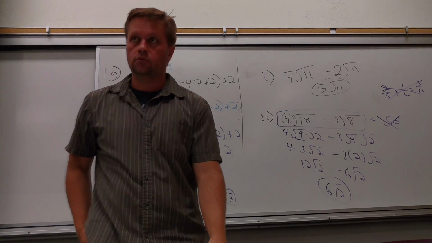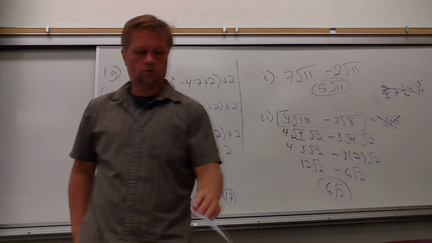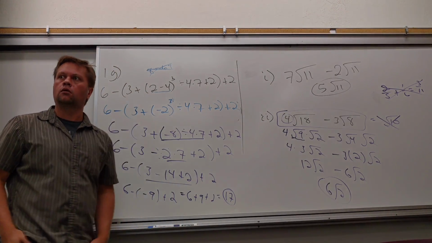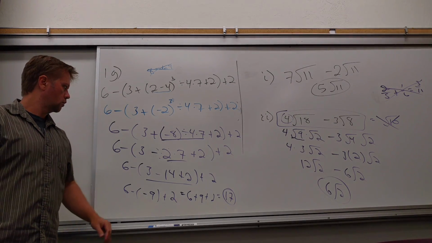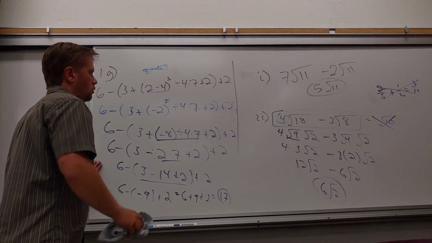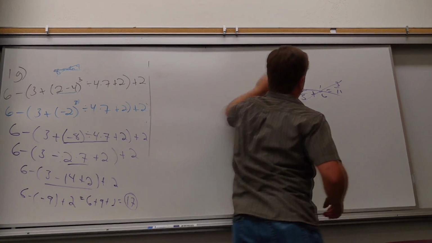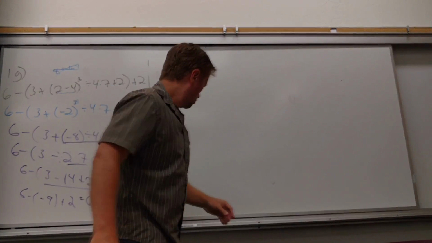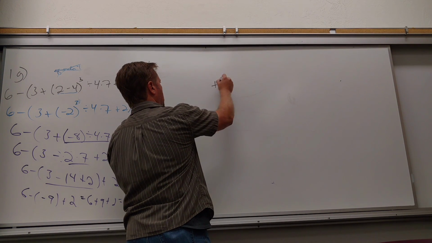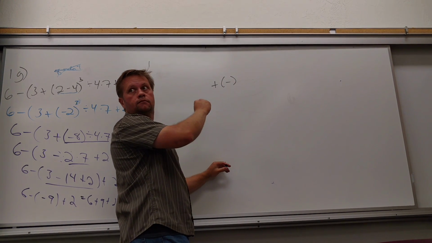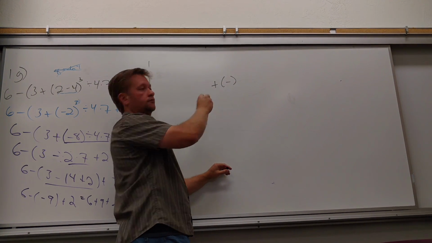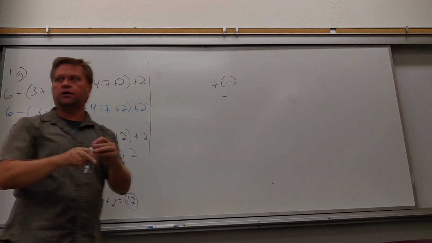Explain to me how do you know, because you were just saying, how do you know if you flip the sign, like from pluses to minuses? So what's a positive times a negative? So what, you ready? Watch this.